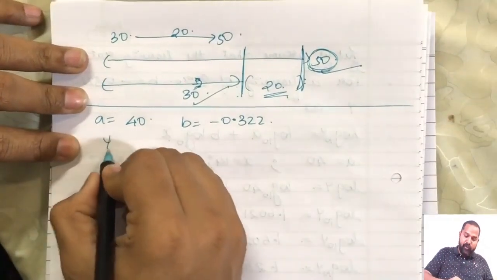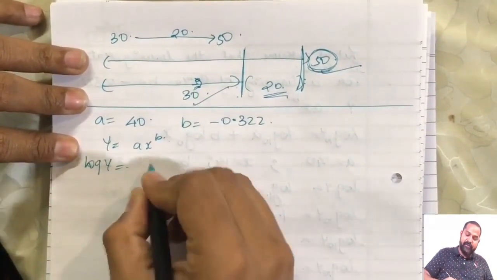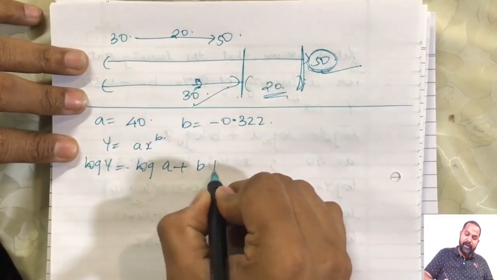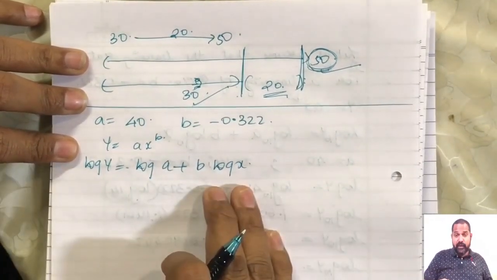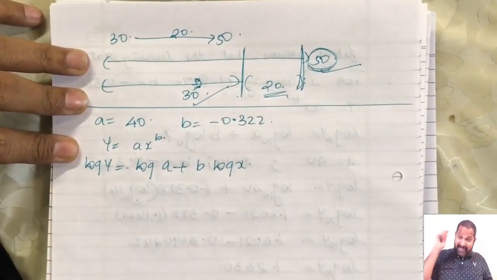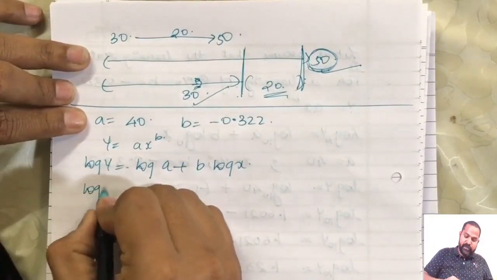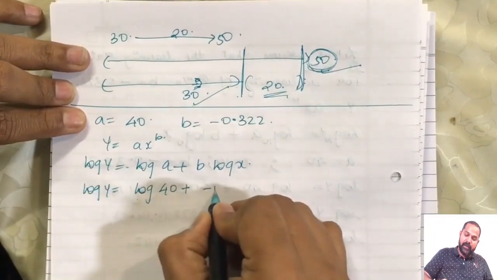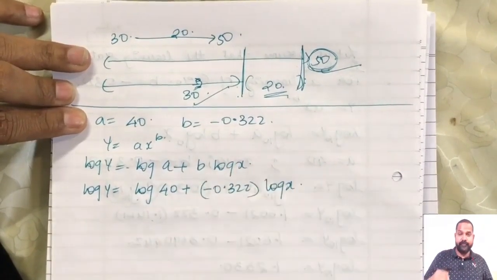So y equals a x raised to b becomes log y equals log a plus b log of x. Now let me make this standard equation specific to this question. So for this question, log y will be log of 40 plus minus 0.322 log of x.